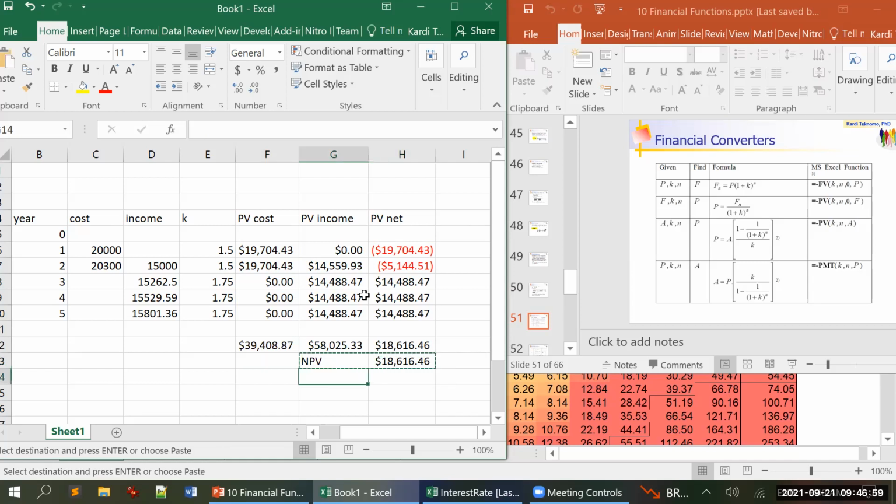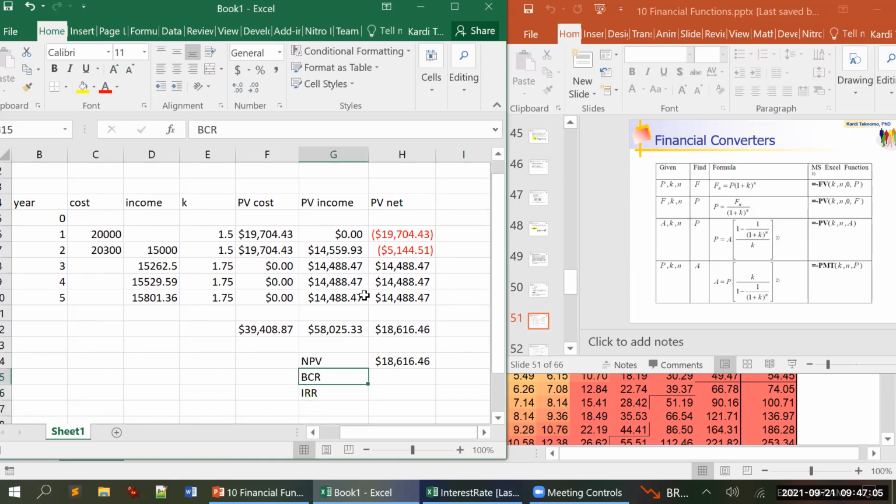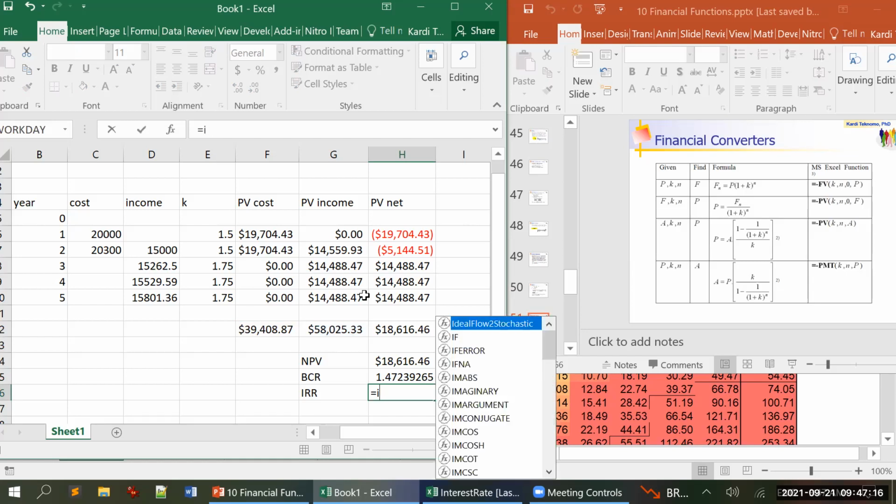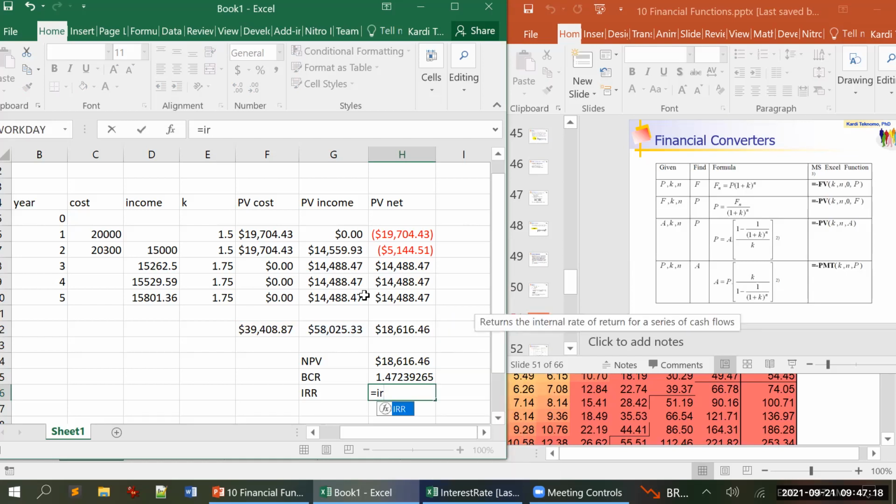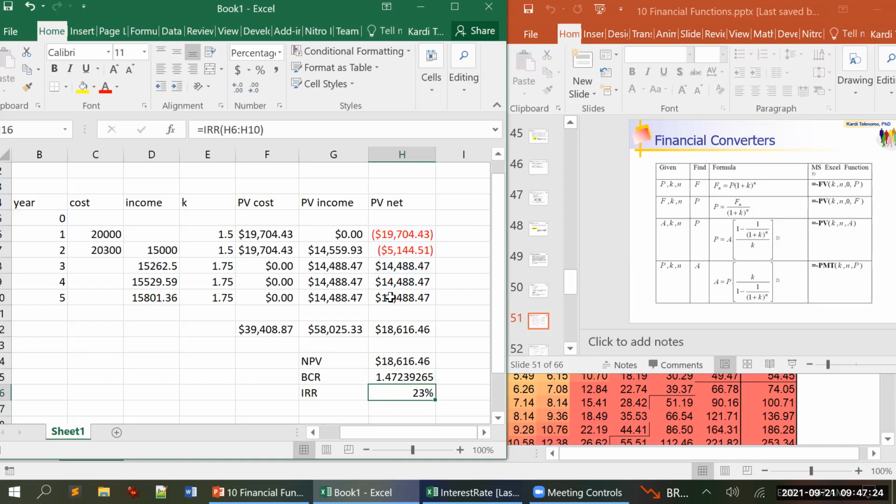So this is the NPV. You need to get the PCR and then you need to get the IRR. How about the PCR? PCR is the benefit, this one divided by the cost. Okay. The IRR is the IRR of these values. There you get 23%.